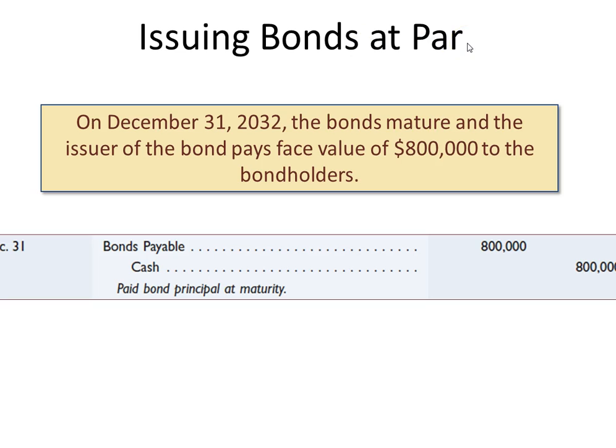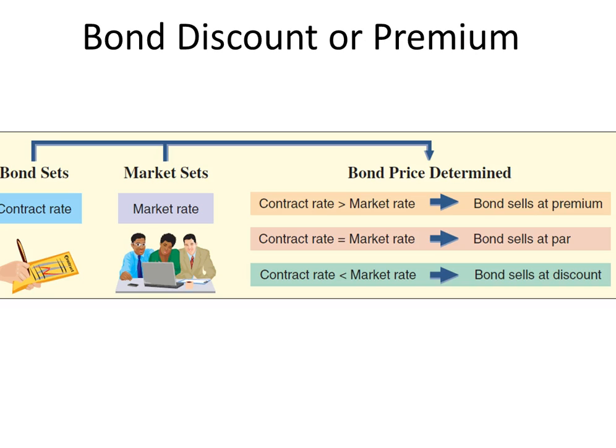Here's the problem. Rarely, if ever, well not if ever, but rarely do you ever issue them exactly at par. That's because these market rates change literally by the second or by the minute. So the price can vary. So it's not usually as simple, as clean as it is presented in the academic textbook here.